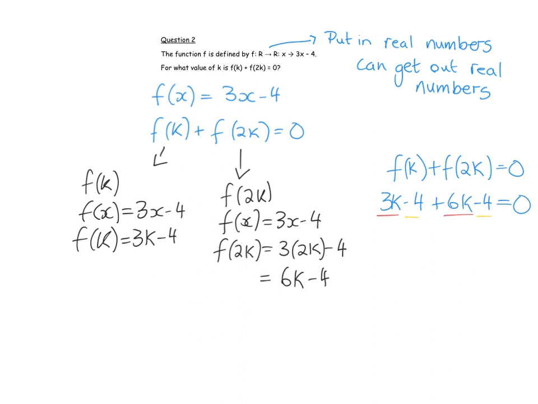So here, 3k plus 6k is 9k, minus 8 is equal to 0. Add 8 to both sides. So then we'll end up that we have 9k is equal to 8. Divide both sides by 9. So we'll get that k is equal to 8 over 9. Then we've answered the question. It wanted the value of k for which f of k plus f of 2k is equal to 0, and the answer is 8 over 9.